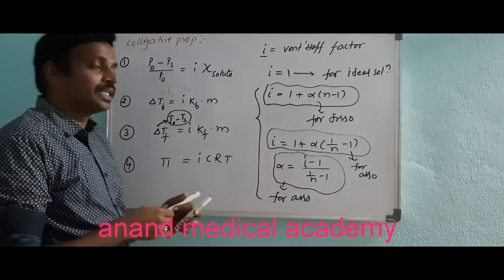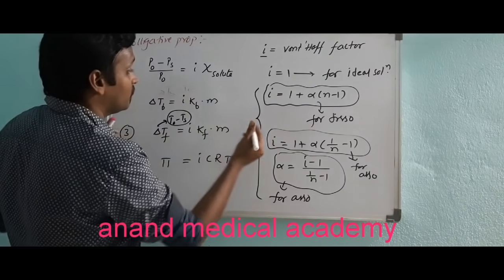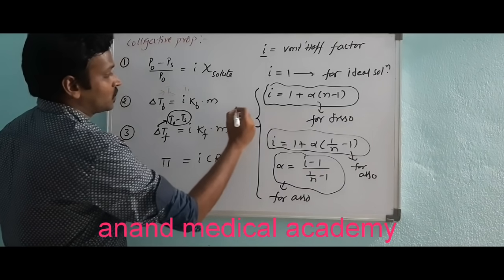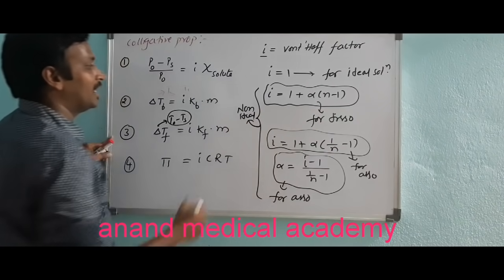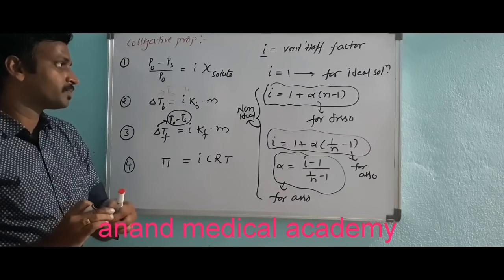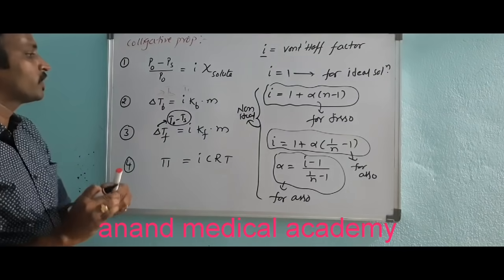If the solution is non-ideal, non-ideal means it is undergoing either dissociation or association. For non-ideal solutions, we use the i value like this. What do we use? For dissociation, i equals 1 plus alpha into n minus 1.